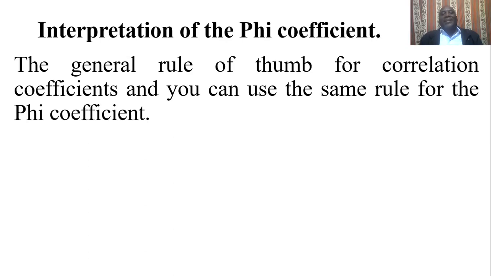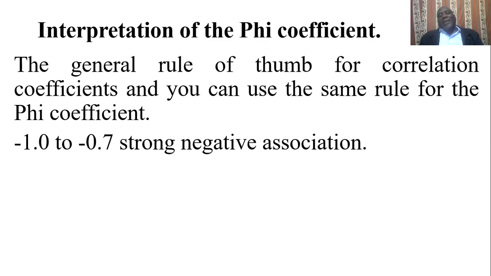How do we interpret the Phi coefficient? The general rule of thumb for correlation coefficients, and you can use them for the Phi coefficient also, is that numbers from -1 to -0.7 indicate a strong negative association between the variables.